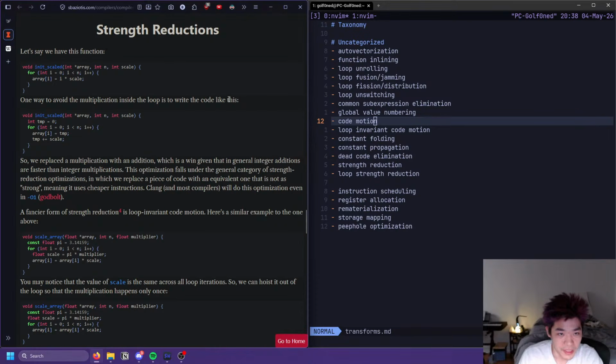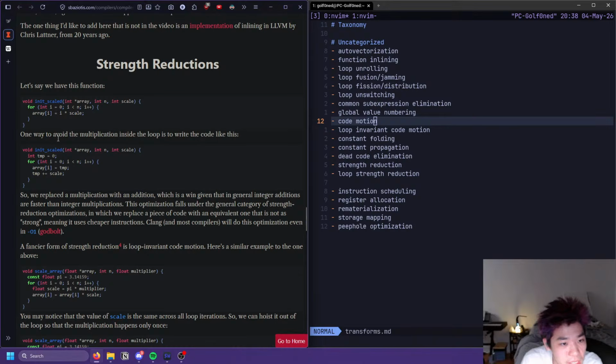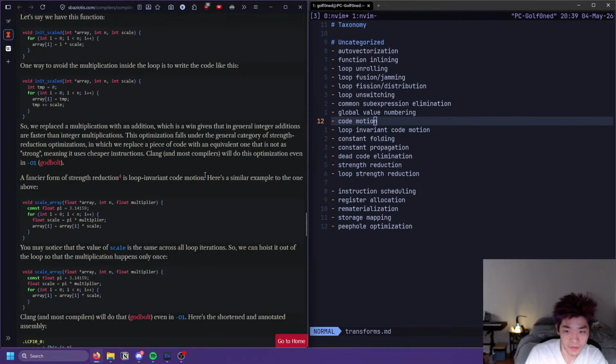Okay, strength reduction. Wait, this is good. This is useful. Yeah, okay. Loop invariant code motion.